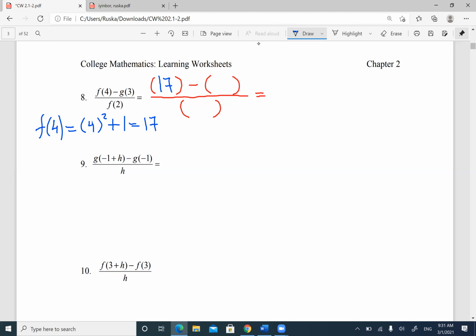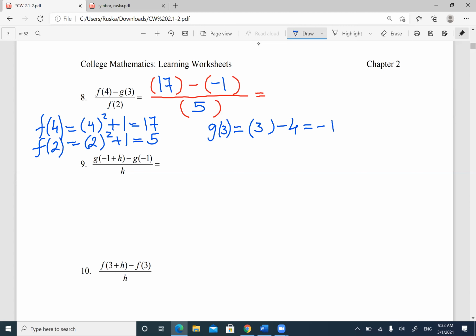Then I need to find f of 2. So it's going to be the same. 2 squared plus 1 is 5. And 5 is down here. And then I have to do g of 3. What is g of 3? G was x minus 4. So it's going to be -1.